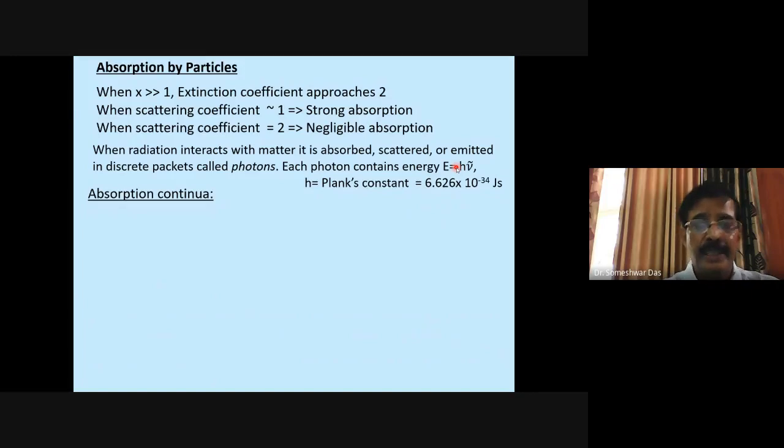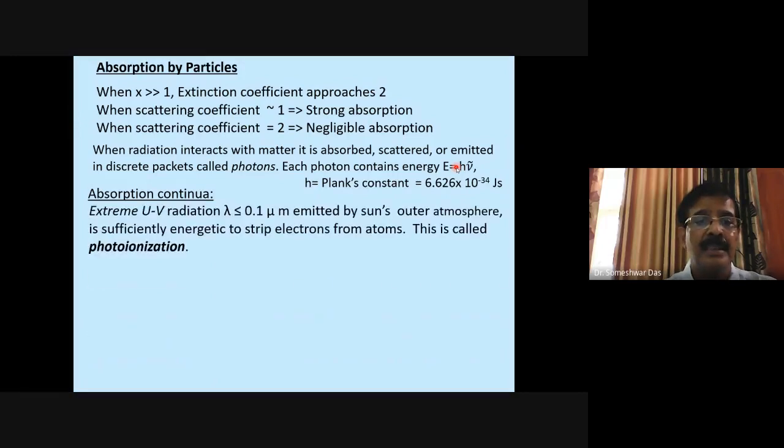Because of these characteristics of absorption, we see in the atmosphere different features like the atmospheric window, or transparency to different gases. Extreme ultraviolet radiation, whose wavelength is much less than or equal to 0.1 micron, emitted by the sun's outer atmosphere, is sufficiently energetic to strip electrons from atoms, and this is called photoionization.